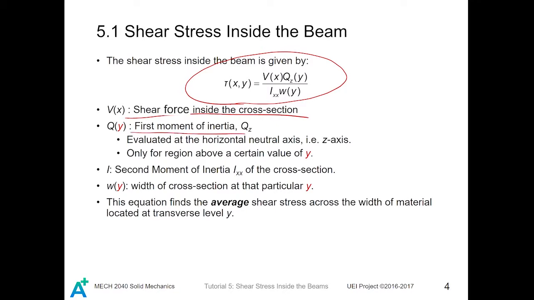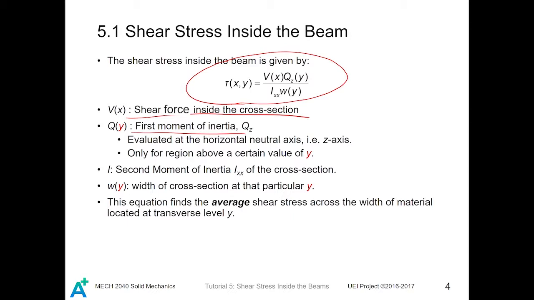Q is the first moment of area, which I will discuss later in the derivation of this formula. Also, I_xx is the second moment of area of the entire cross-section about the neutral axis. w_y is the width of the cross-section at that particular position of y, which I will also explain a little bit later.